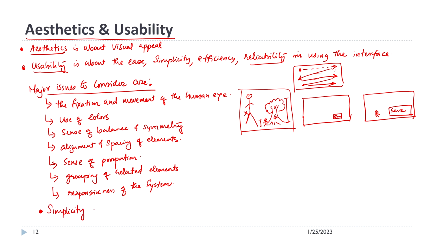Simplicity, an additional and essential guideline. Okay. Some people sometimes also call it the KISS principle, okay. Keep it simple and stupid. So, that is the sixth aspect of the GUI design philosophy.